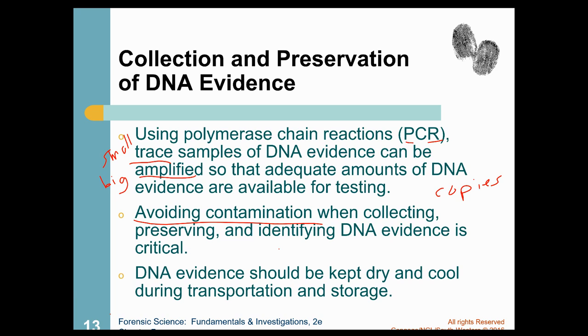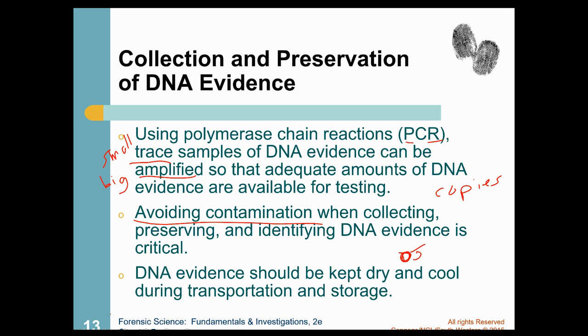This is one of the problems that we had in the O.J. Simpson case. If you recall, in the O.J. Simpson case, DNA evidence was packaged in plastic bags and stored in a vehicle in California on a bright, hot, sunny, 90-degree California day.